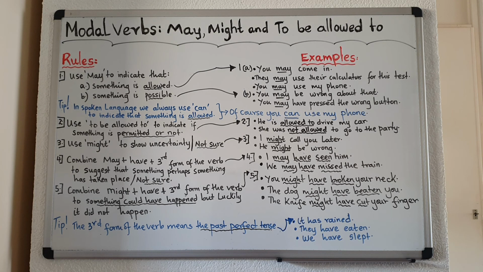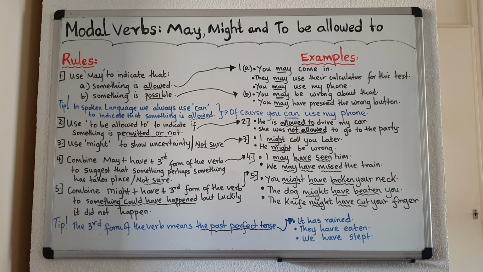Now, this brings me to the end of this lesson. I hope that you are now able to use may, might, and to be allowed to correctly, either in writing or maybe for a test or in your day-to-day life when you're speaking English. You now know when you are supposed to use may, might, and to be allowed to, and also you know how to use it.